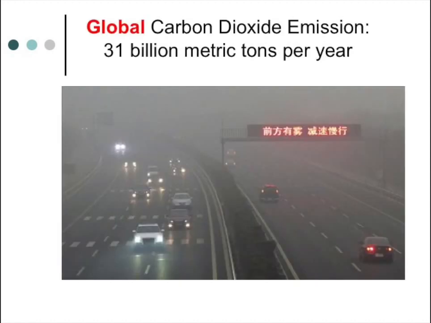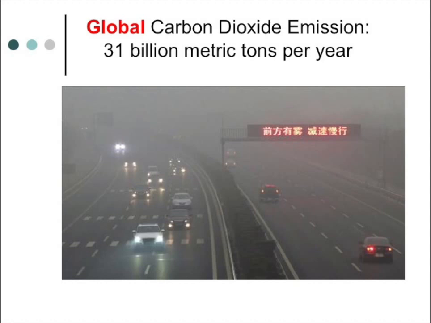Now, I'm not sure this means a lot in terms of numbers that resonate in our brains, but the total amount of carbon dioxide that's emitted into the atmosphere is 31 billion metric tons. A metric ton is 2,200 pounds. So this is kind of hard to get a grasp on.